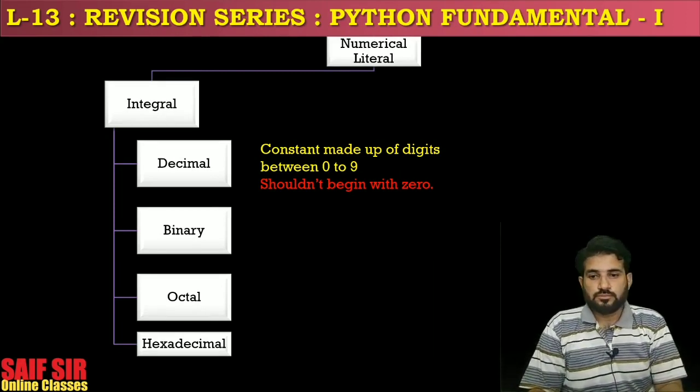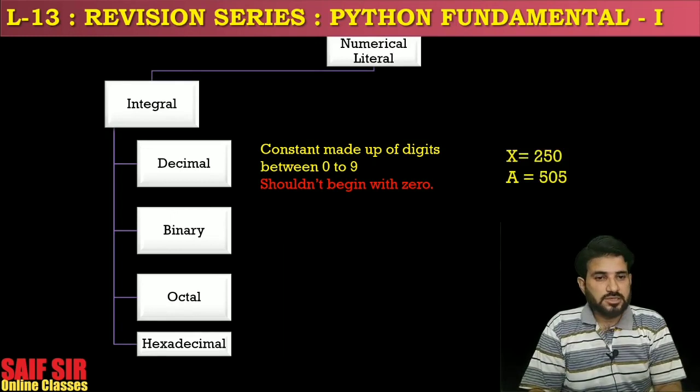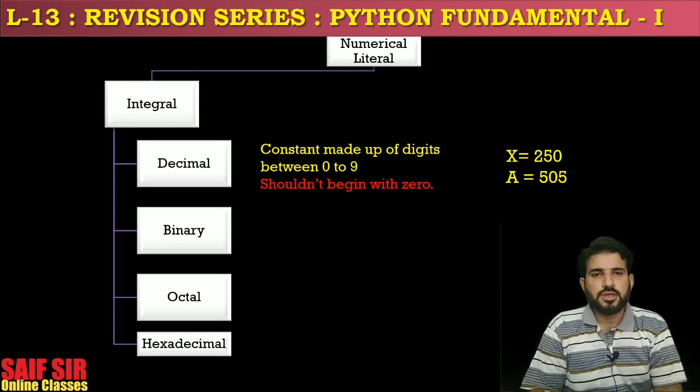For example, x is equal to 250 and a equal to 505. This is a simple example, there are various other examples. If somebody asks you how many students are there in a class, the answer would be either 40 or 30, depending on the strength of the class. That is a decimal literal value.